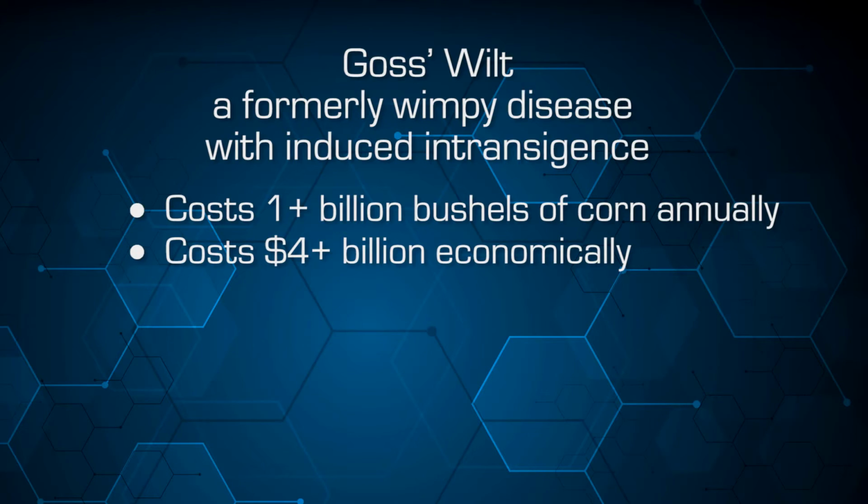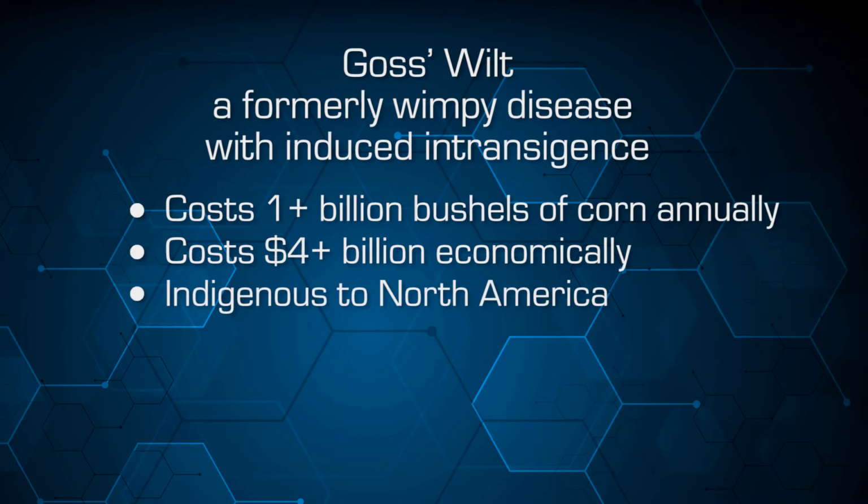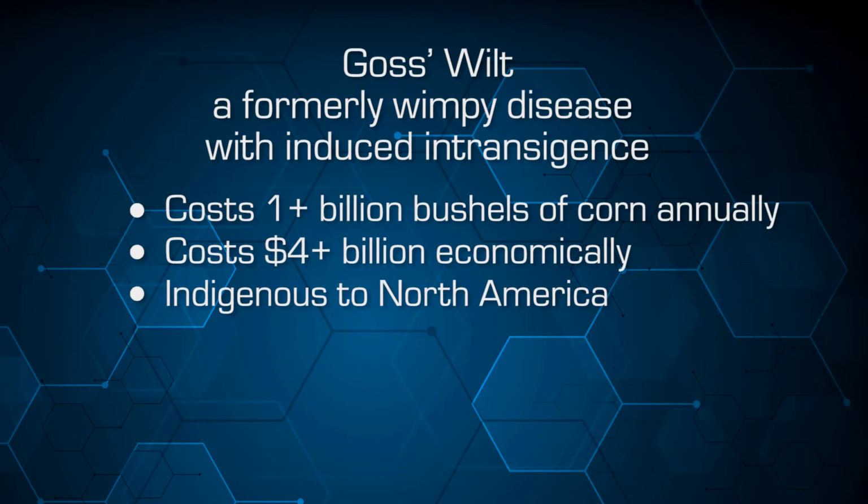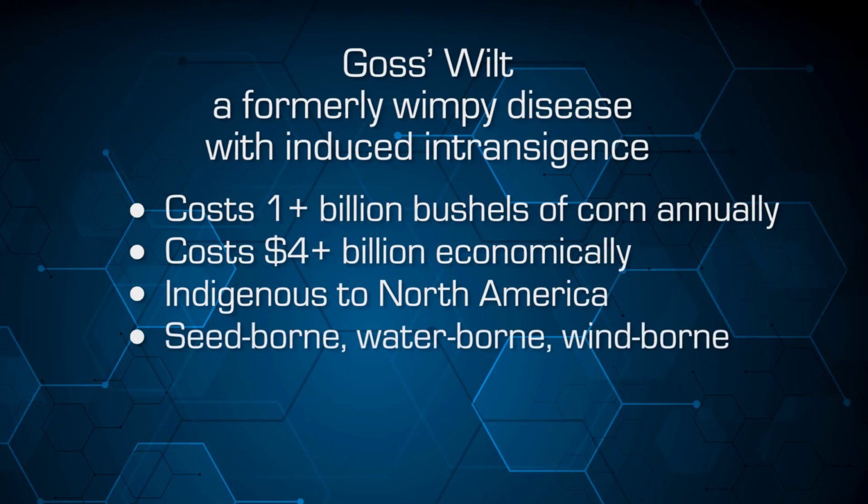Goss's wilt is indigenous to North America. It's a disease that originated here. It's now been spread throughout the world primarily through seed stocks. It can be seed-borne, waterborne, and wind-borne.